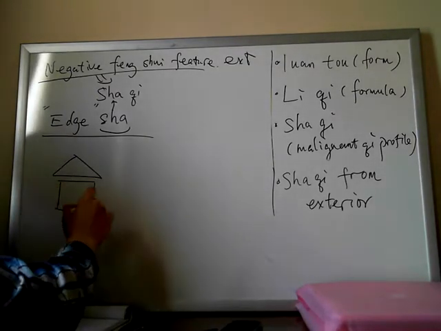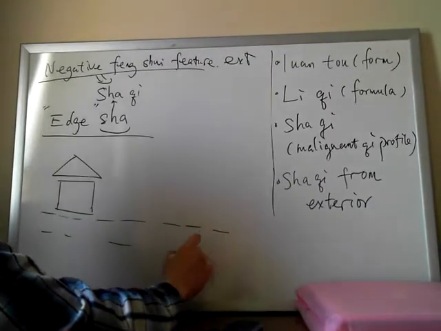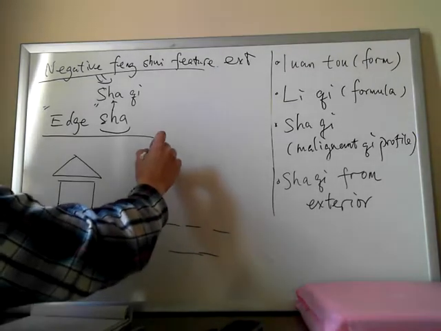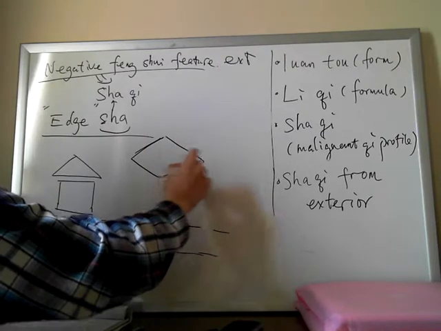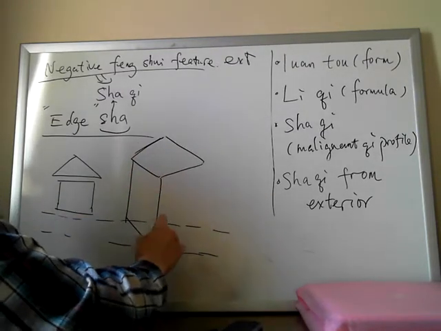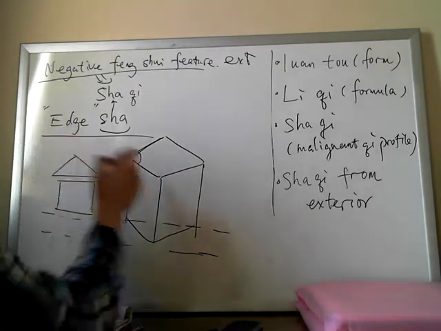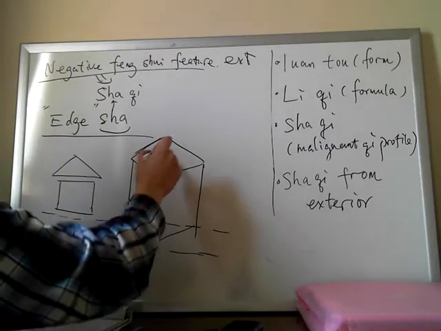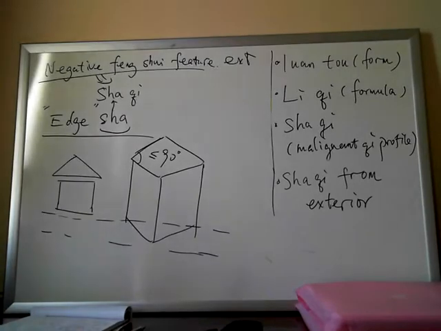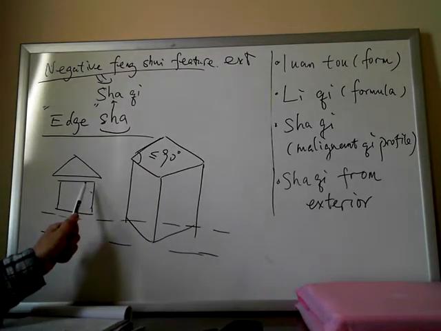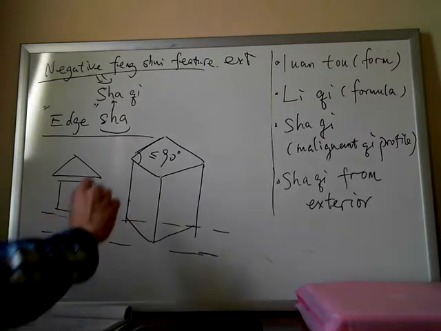I'm such a bad drawer. I can barely stand it myself. There's another big building this way. The angle here is usually smaller than or equal to 90 degrees, and your house is directly facing the edge of this building.